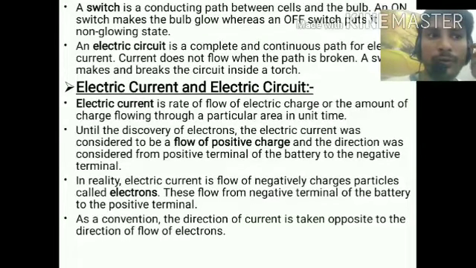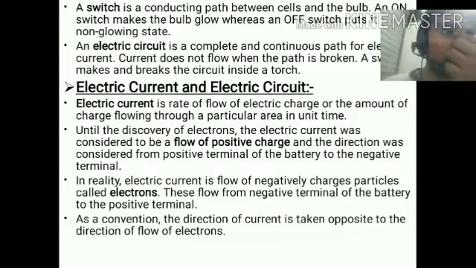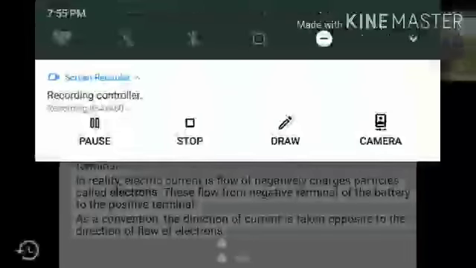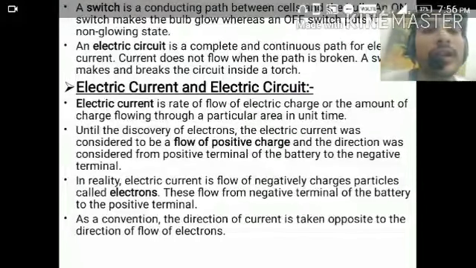We can say the flow of electrons conducts electricity. The current flows from positive terminal to negative terminal, and the electrons flow from negative terminal to positive terminal. This is the flow of the electric current.